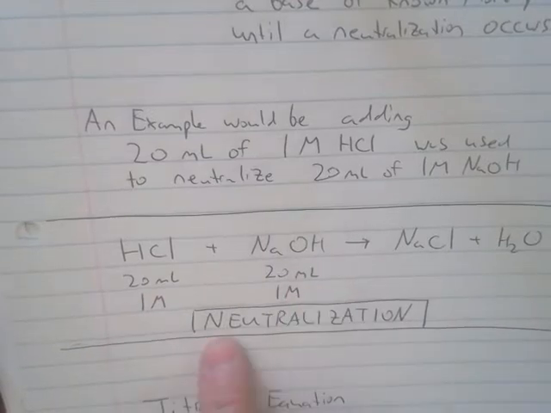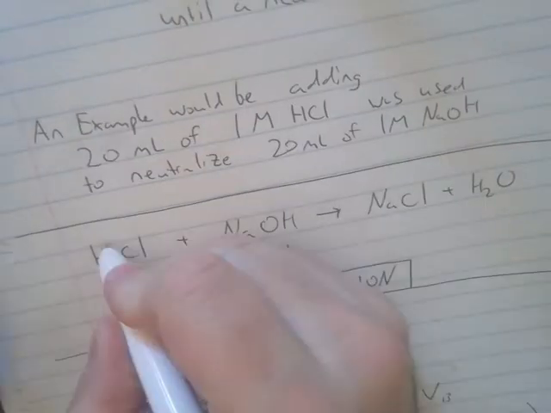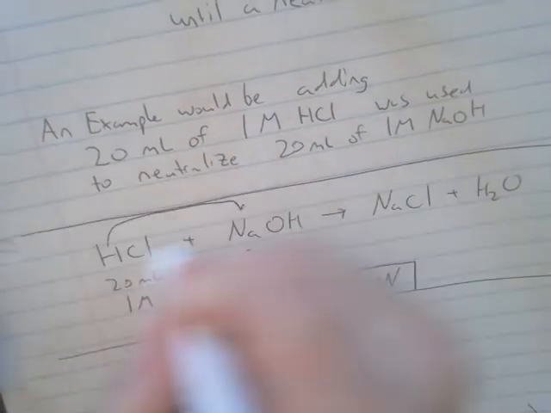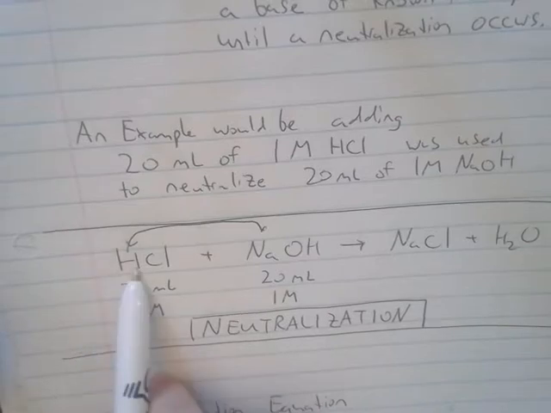If you look at this equation, it is nothing other than a double replacement reaction, because what's actually happening is the H and the Na are switching places. The H becomes part of this, making it HOH, and the Na joins to this side, making it NaCl.